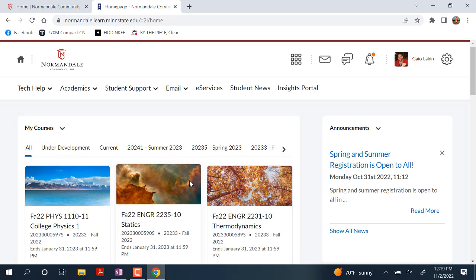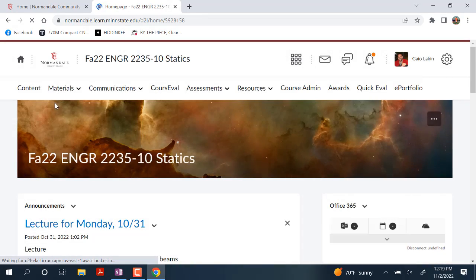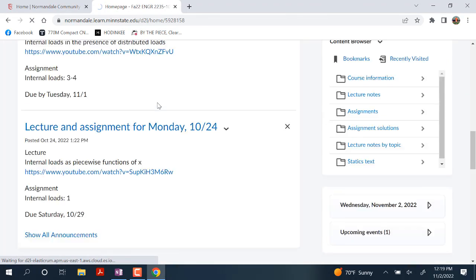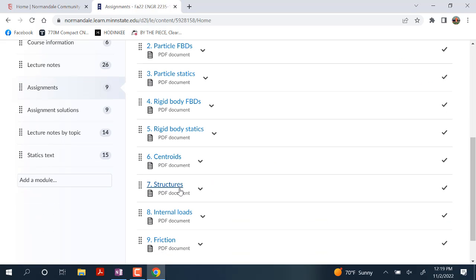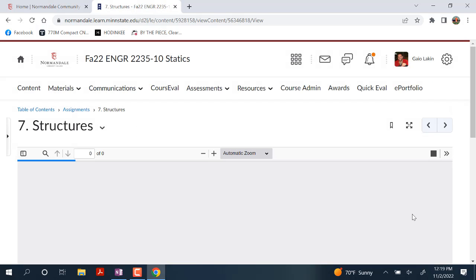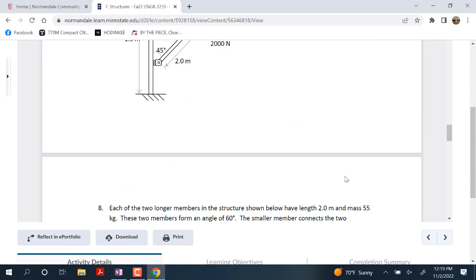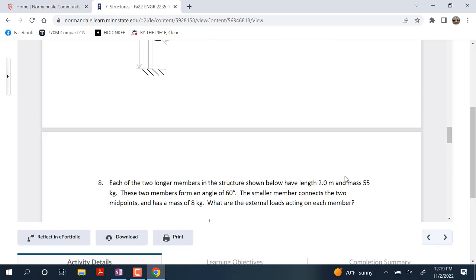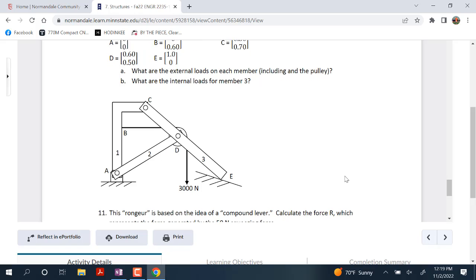Oh, I remember which one you're talking about. Okay, so you could do that two different ways. Where is it? So that pulley in the middle, even though I didn't number it, you could make that its own member.